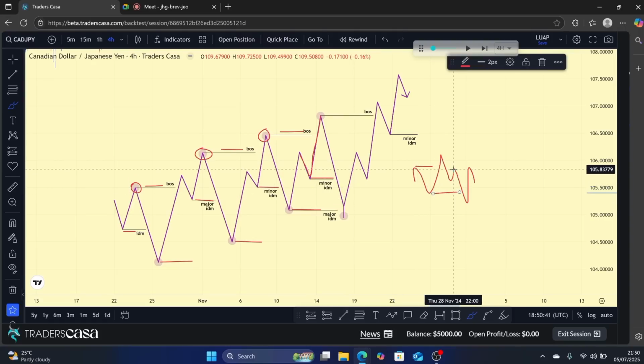So this one here is our minor inducement. So this high is what will now be considered the major inducement. So if price decides to reverse back and sweeps that major inducement, then reverses and breaks past this structure, this will not be considered a valid break of structure but just an inducement sweep.